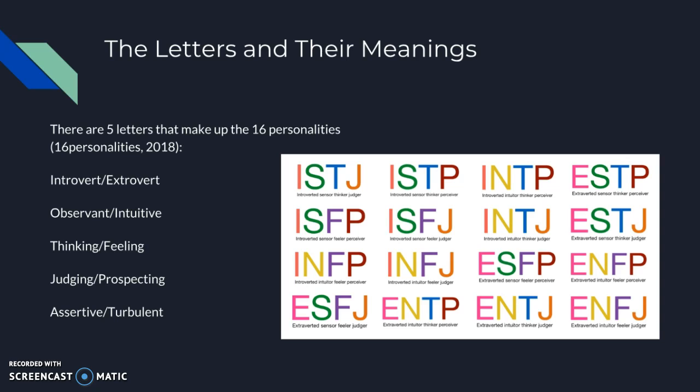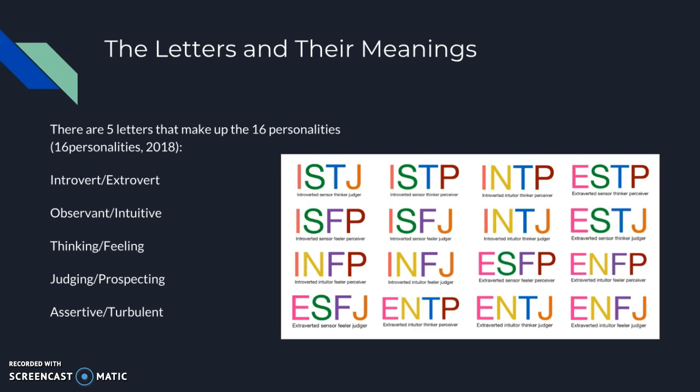Each of these letters comes from the mind aspect of the personality and details how that personality type interacts with their surroundings. An introvert will prefer the company of themselves and to work by themselves, while an extrovert prefers the company of others and wants to be accepted by those groups.